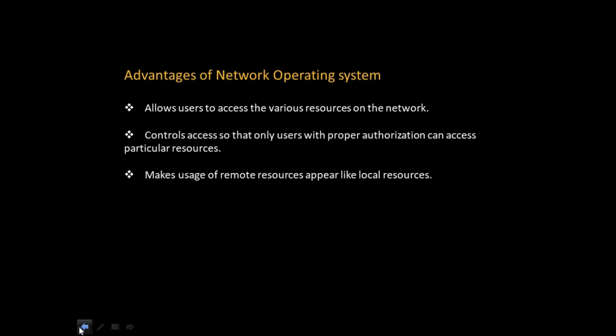Advantages of network operating systems: it allows users to access various resources on a network. For example, on the internet we have various websites which all of us can access using our own personal computers. Another advantage is controlled access, so that only users with proper authorization can access particular resources.